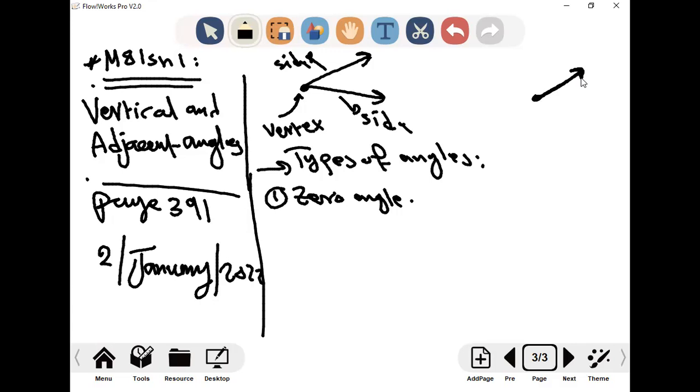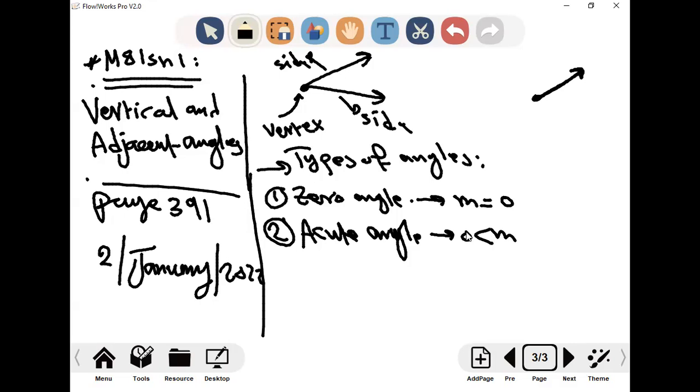Type 2, we call it acute angle. Here the M means measure. The measure of a zero angle equals 0. For an acute angle, the measure is more than 0 and less than 90.